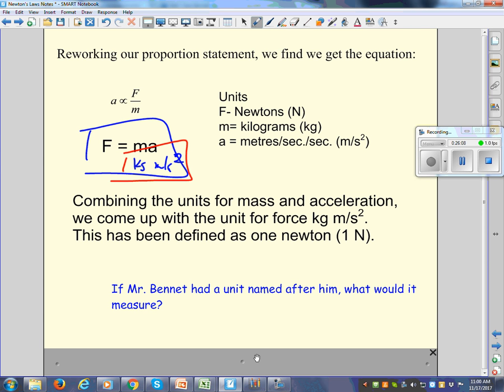What if I was lucky enough to have a unit named after me? What would be my unit, Zoe? Yeah, if I had a unit named after me, what would it be? You don't know? Sarah, you look like she's smiling. She's thought of something, but she doesn't want to share it. No?